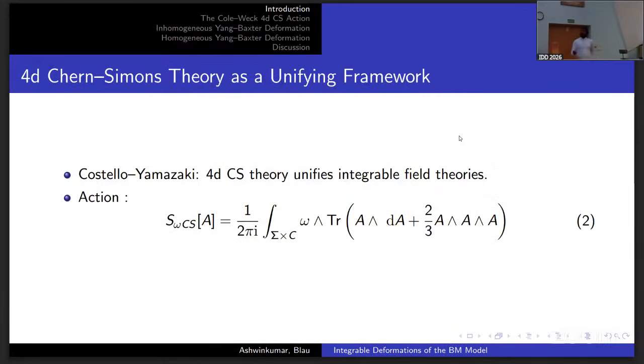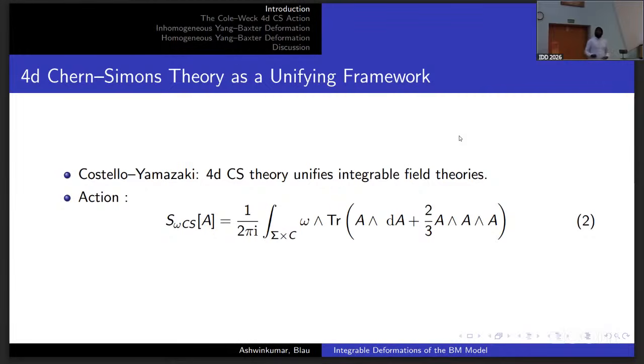And I would like to point out that what is useful about the 4D Chern-Simons approach is really with regard to organizing and unifying the derivation of these sigma models. The Lax operator comes for free as the solution for your classical gauge field in 4D Chern-Simons theory. So the techniques that I will show you will eventually allow us to derive more integrable deformations of the BM model in the future.